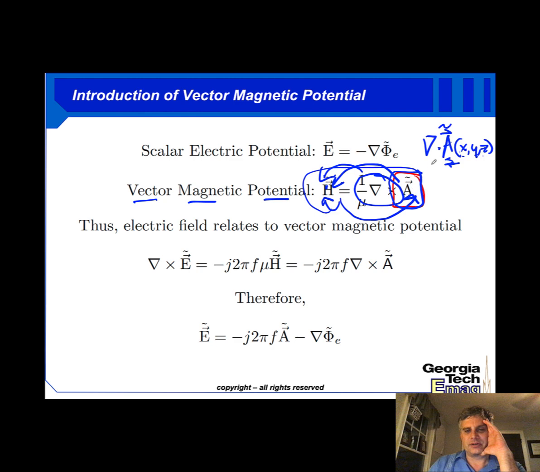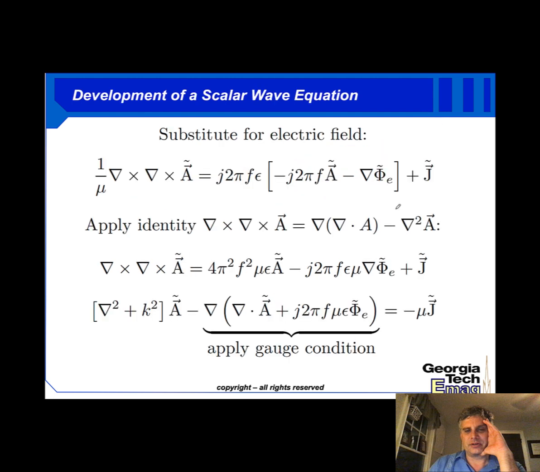Only by also specifying the divergence of that field can we pin down a unique A that we can carry forth in our equations. And we're going to use that fact because the gauge condition here, remember, we've specified what the curl is, but we have not specified what the divergence of the A field is.